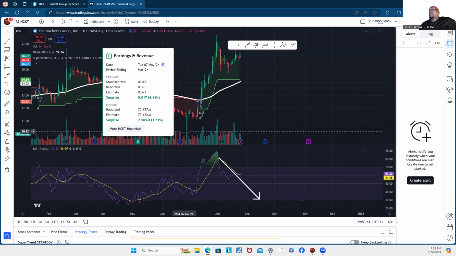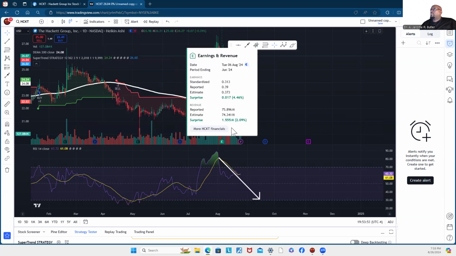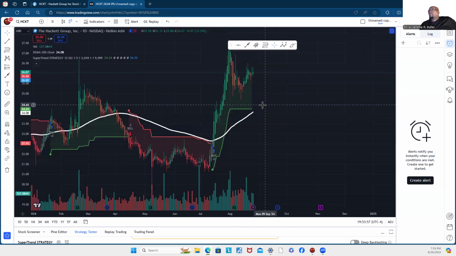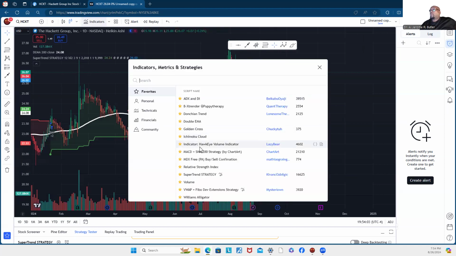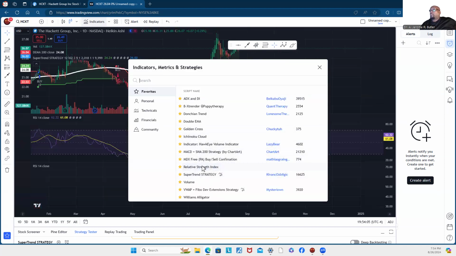Same thing here, 2 mil, almost three, on the actual report and earnings. Same thing here. So this company, Hackers Group, seems to be a very upward mobile company as well. And so we would put that on our watch list as well.